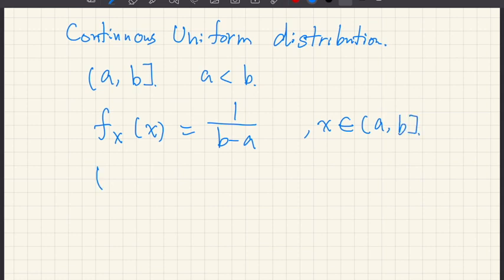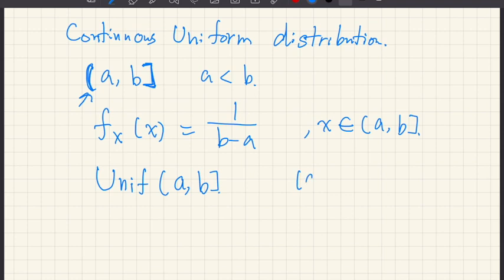And we write, just for convention, unif(A, B). In this example, the interval is open at the bottom and closed at the top, to the right.